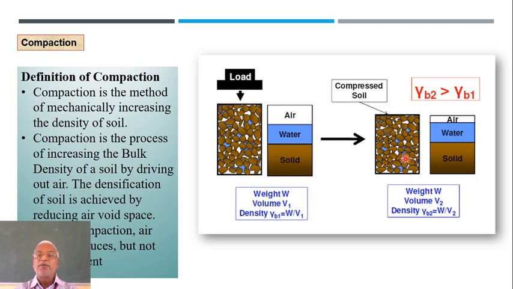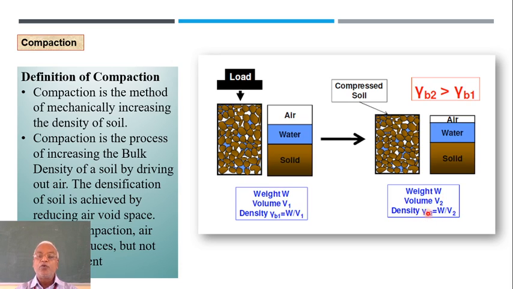The solids will be the same, right? Sometimes water will be a bit more, but whatever it is, bulk density increases. The ratio of weight to volume, W by V2, gamma B2, that is the unit weight of the soil, increases.